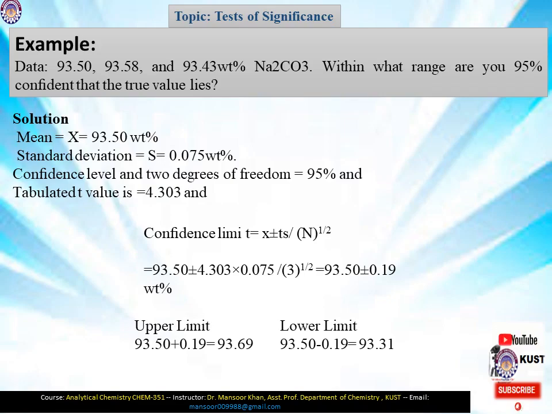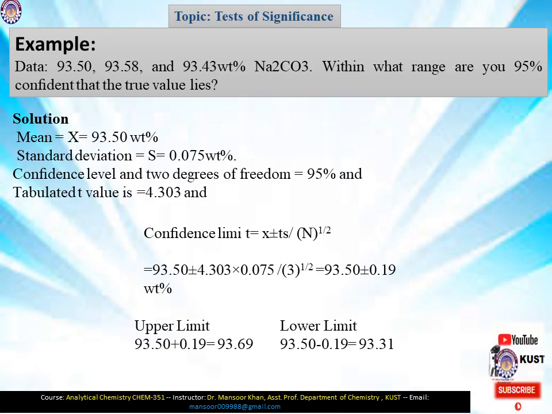After the solution, the mean of the data was calculated, which is equal to 93.50% by weight. I am not going to detail how the mean can be calculated, because in my other lectures there is a complete lecture in which we explain how the mean of a data set can be calculated.